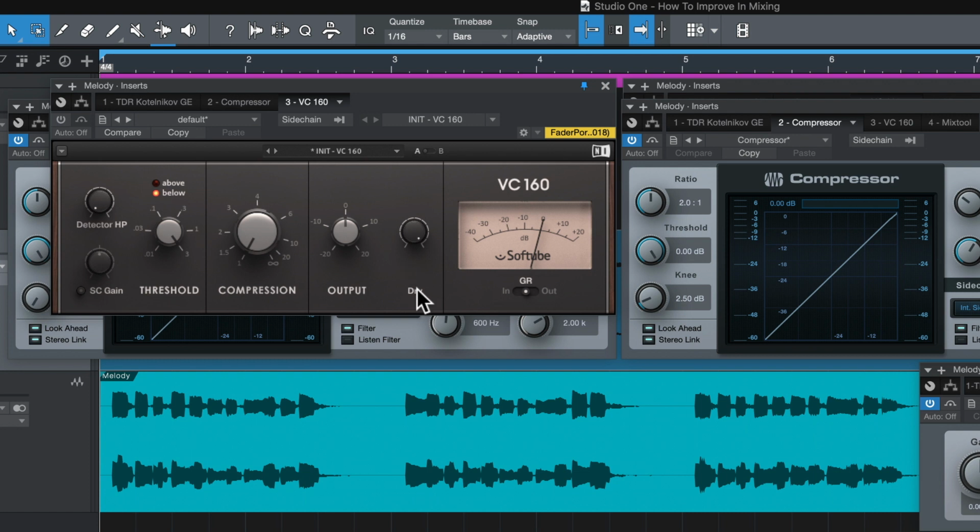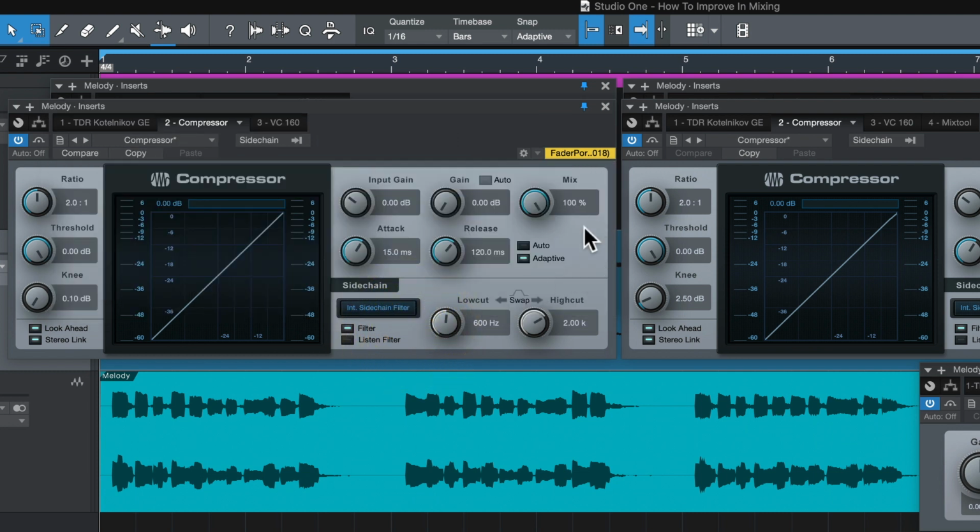Do you see? Dry, and we dial in the unprocessed, the not compressed signal, because this is a compressor. So we will see somewhere like this dB, and it's kind of called the dry mix knob. And we have another knob that is called the mix knob, the original mix knob, where we have a percentage.